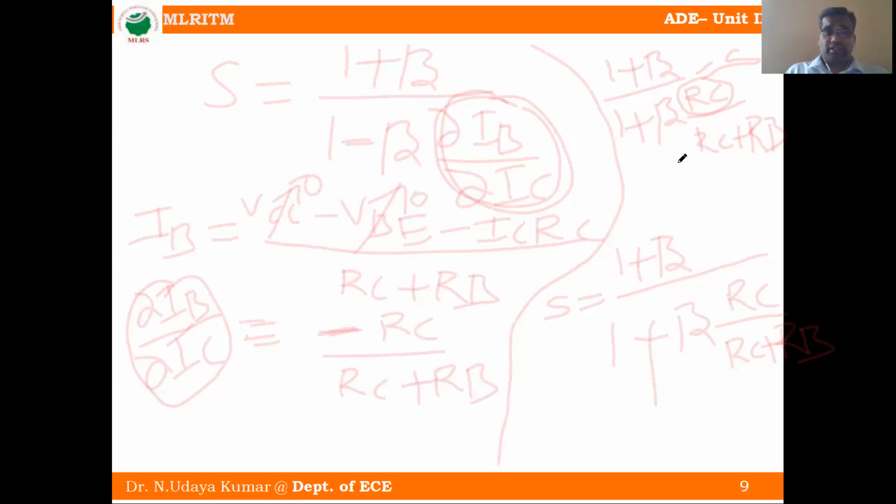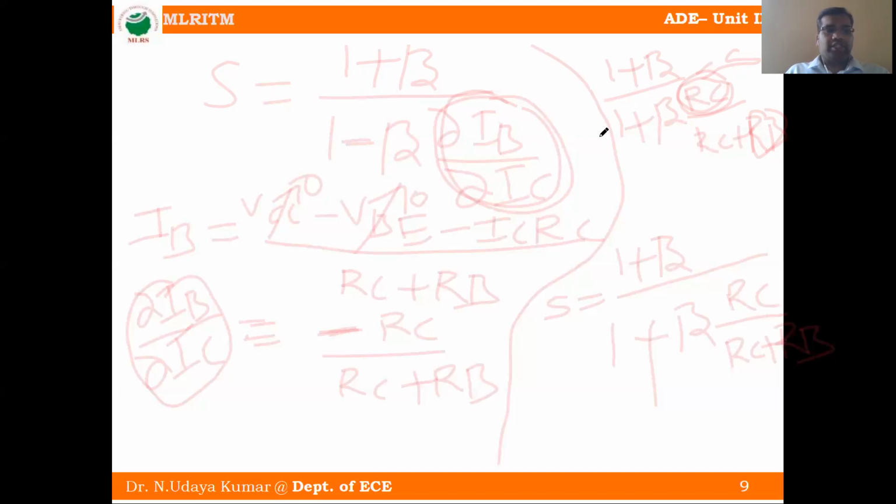For that reason we have to maintain the RB value small and RC value maximum, so that the denominator is large. If the denominator is large, S will be small, so that stability will be good compared to the fixed bias method.